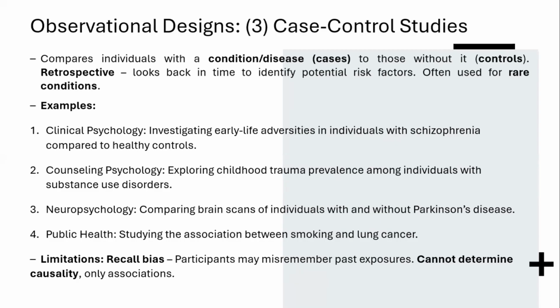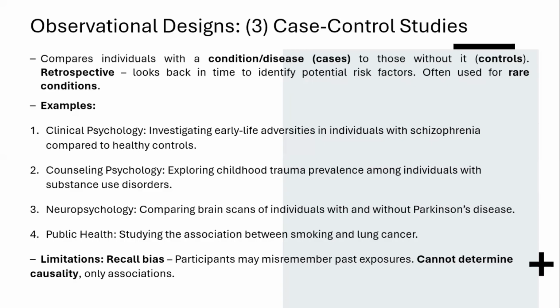Case control studies. This is where you compare participants with a particular condition to participants with no condition. For example, during COVID, people compared depression levels among patients with COVID and those without COVID. It's almost as if things you cannot do using experiments, you use case control to do.